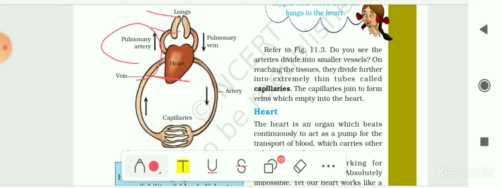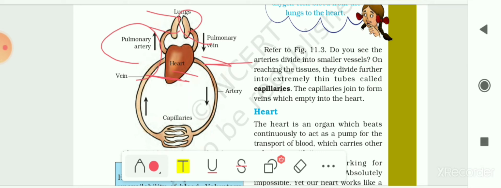Now at the lungs, the carbon dioxide is removed and oxygen is combined with the blood, and that oxygen-rich blood reaches the heart from the lungs through the pulmonary vein. This pulmonary vein flows the blood from lungs to heart, and it carries the blood which is rich in oxygen.